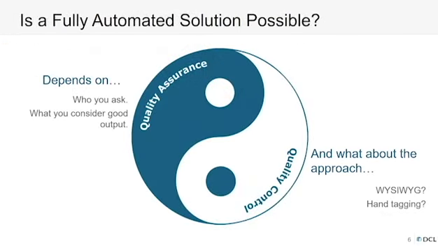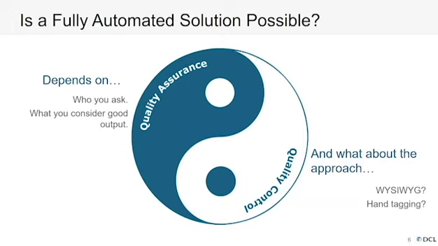So this leads really to the question, is a fully automated solution even possible? I guess the answer will vary according to who you're asking. Some people claim that a fully automated solution is possible, while others say it's impossible. And the right answer depends a lot on many factors.